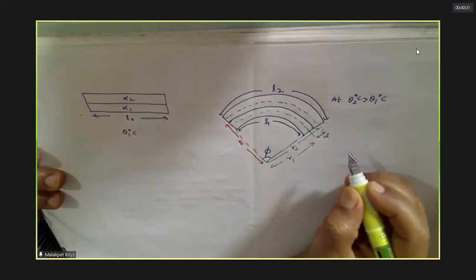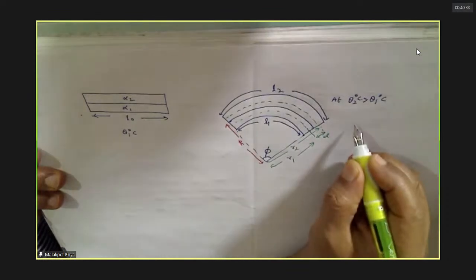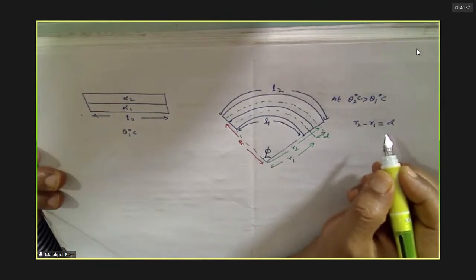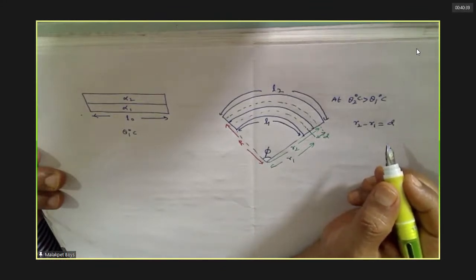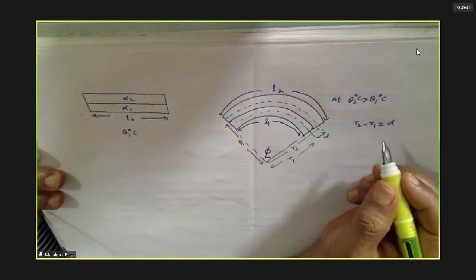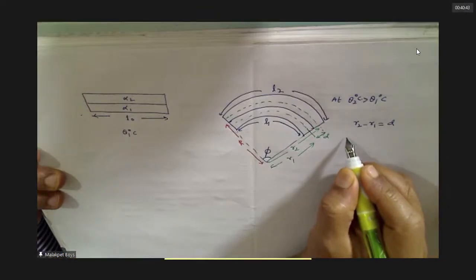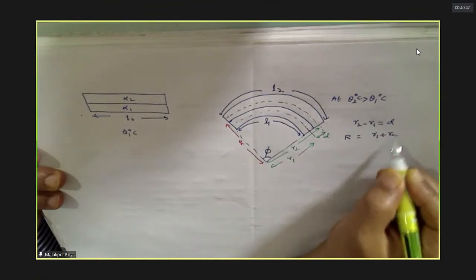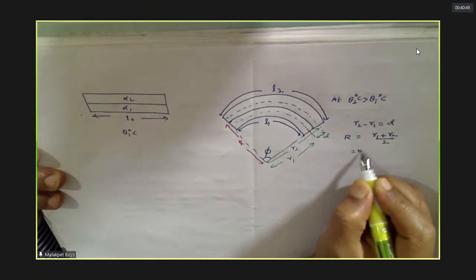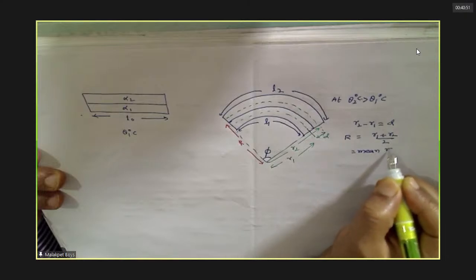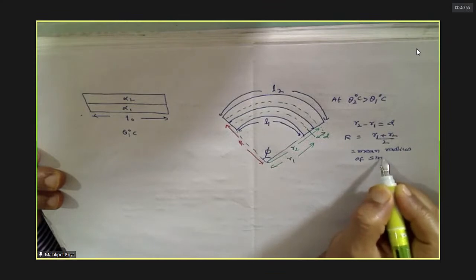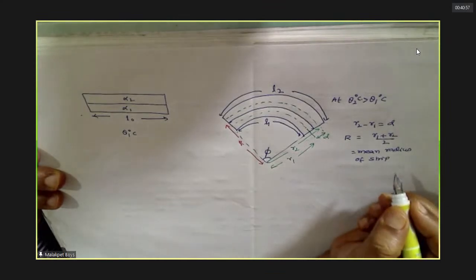The situation is this. Now you can see R2 minus R1 is nothing but D. Okay? And the average radius is R. Followed this?